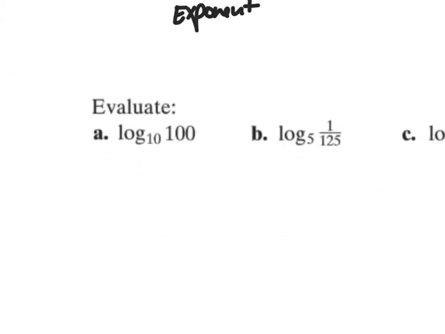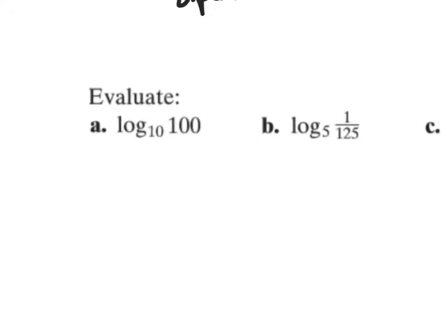Let's take a look at the next one. The next one we want to evaluate. Now when I evaluate these, what I want to do is this. I'm going to do log base 10 of 100, and I'm going to set that equal to x. Now what I'm going to do here is take this value 10 and put this into exponential form first.